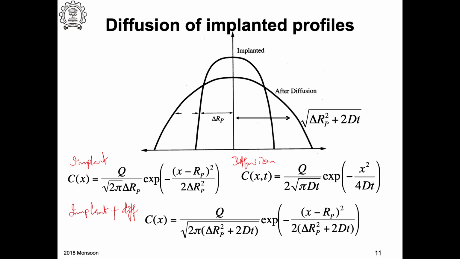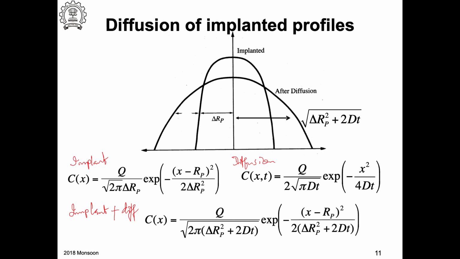So if you look at this equation for implantation, this is your concentration as a function of depth, and this is the total dose. This is the projected range Rp, and delta Rp is the straggle. So this is the Gaussian distribution. But on the other hand, if I take a diffusion profile, that also has a similar form.